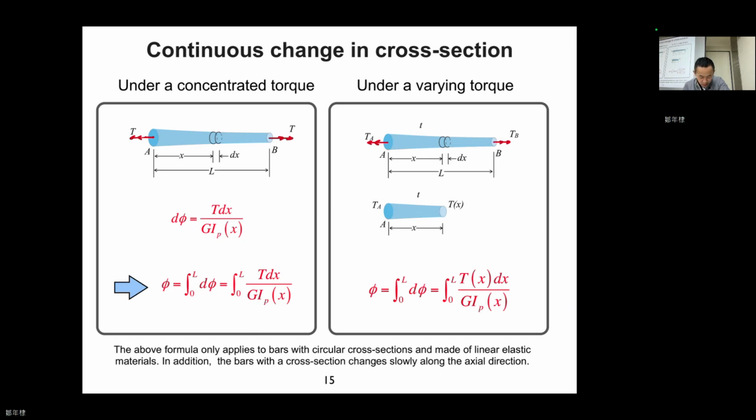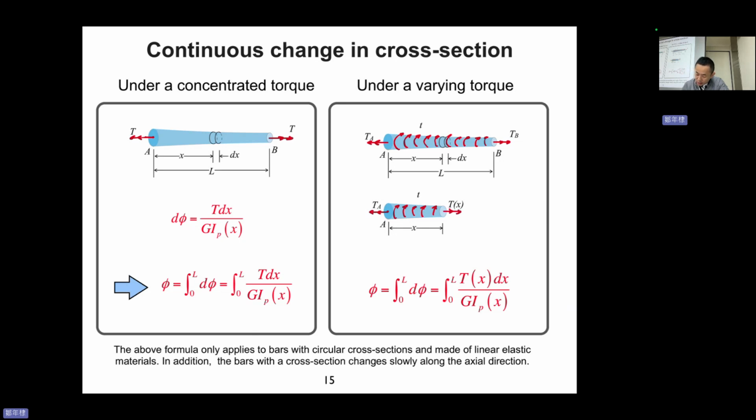If you have another case like TA and TB, and maybe you have a different, complicated torque along the bar, you should draw it like this, TA, and you have T(x).